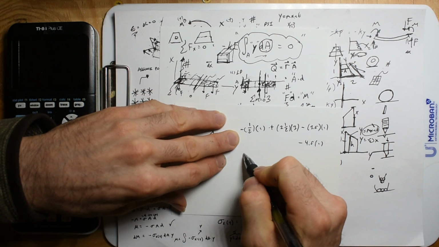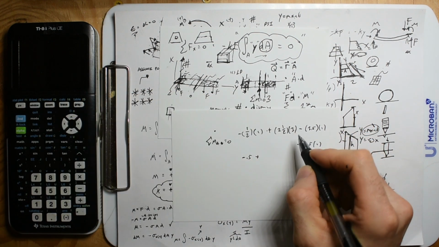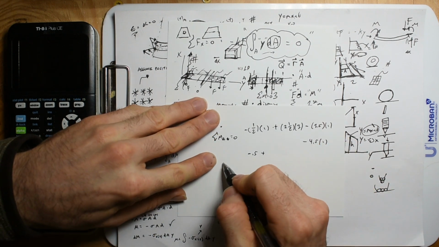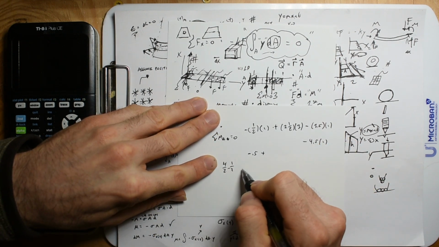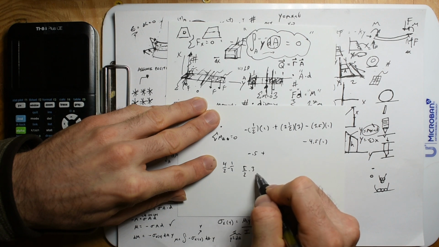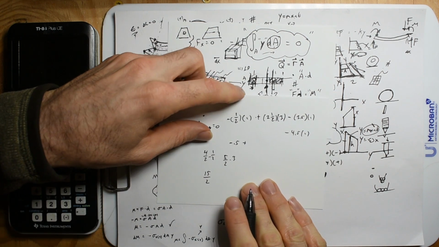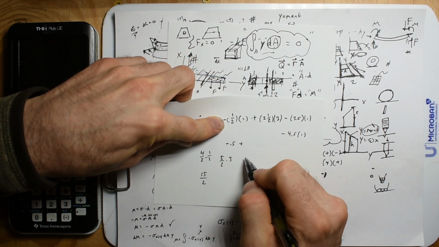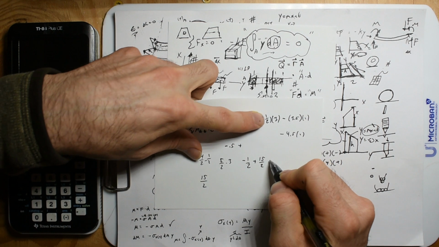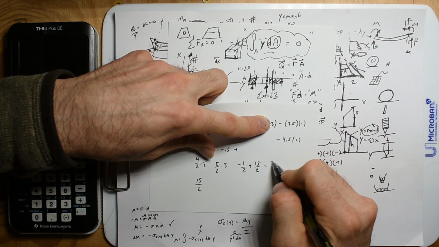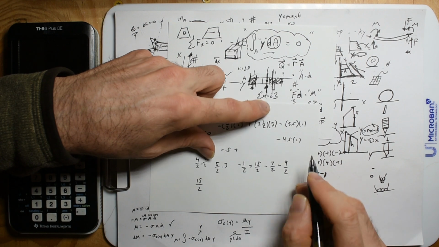What did we do? We have negative 0.5 plus 3 times 2.5. 2 is 4 halves plus a half, that's 5 halves times 3, which is 15 halves. Okay, I think we're going to work in halves. So negative 1 half plus 15 halves minus 7 halves minus 9 halves.